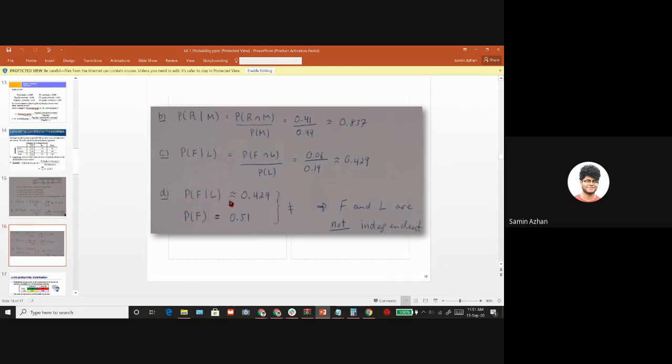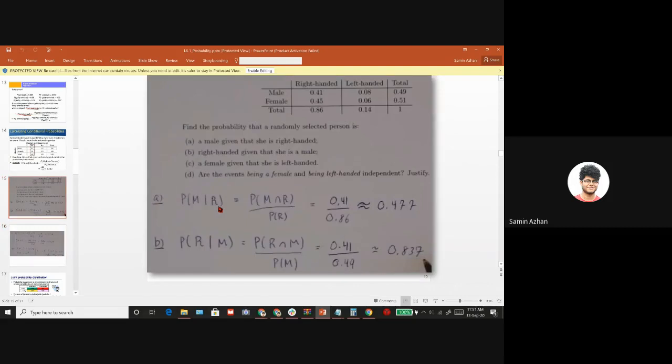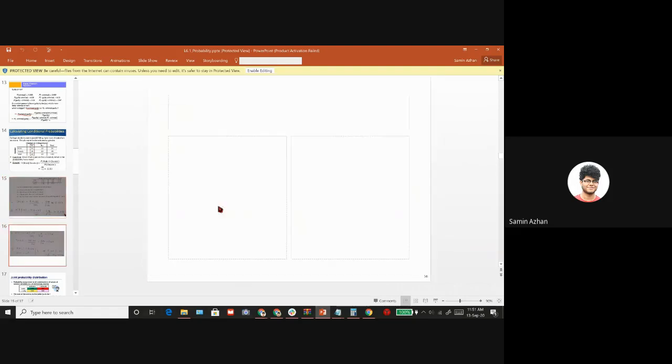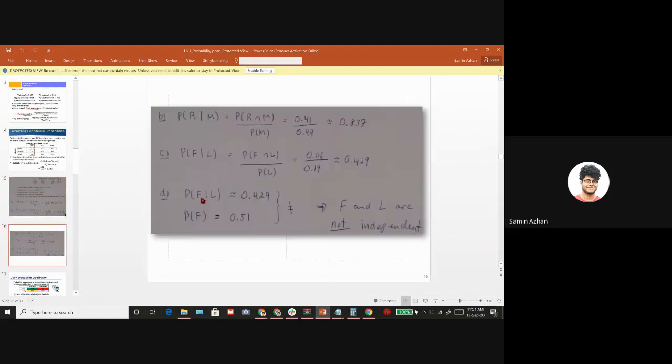So if we calculate these two values, we see that they are not equal. So that means they are not independent. They are actually dependent on each other. So again, to determine if two events are dependent on each other, first we have to calculate the probability of the first one given the second one, and then we have to calculate the probability of the first one alone.